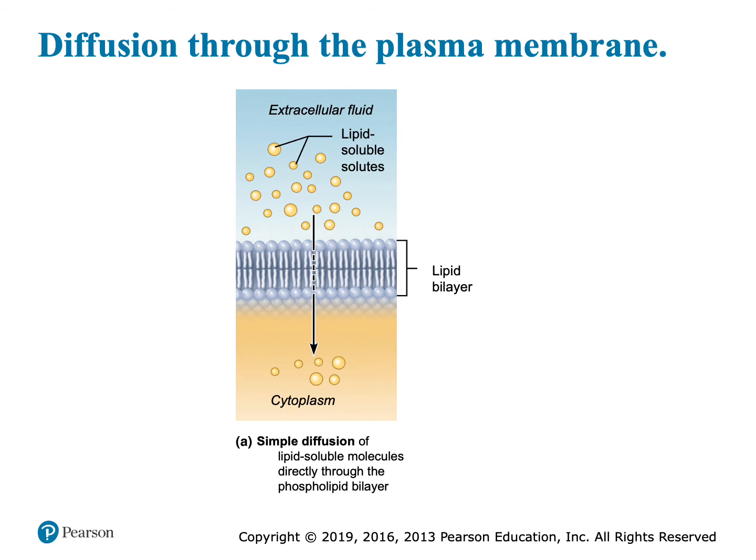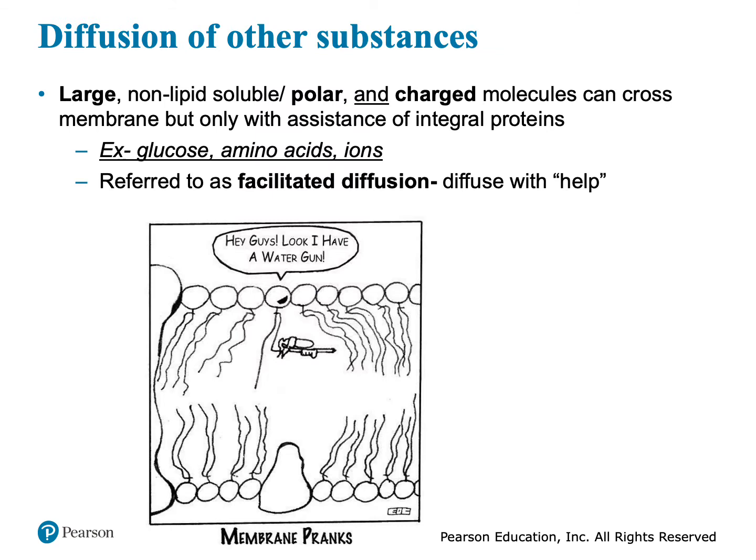So this is showing how on the outside of a cell we've got some lipid droplets, and they have no problem simply squeezing past the phospholipid bilayer through the fatty acid tails. Large guys, not so much.